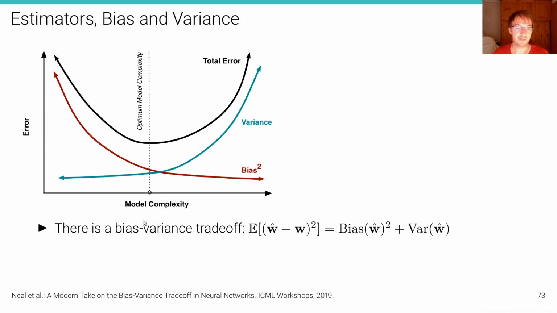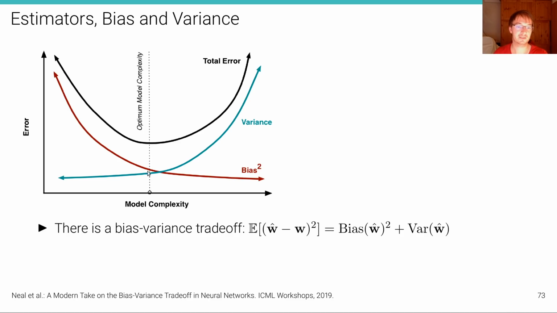In fact, this bias-variance trade-off can be expressed mathematically. The total error here that we make is exactly equal to the bias plus the variance of the point estimator. So what we want is to find the smallest point here. So we want to choose the model complexity such that the total error is minimized.